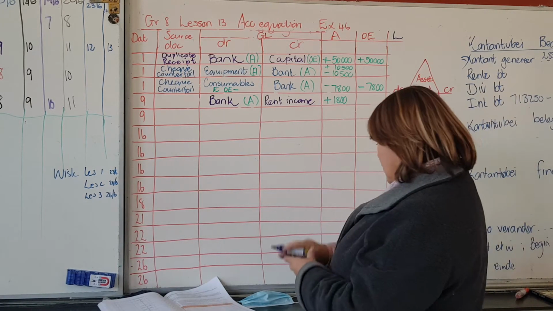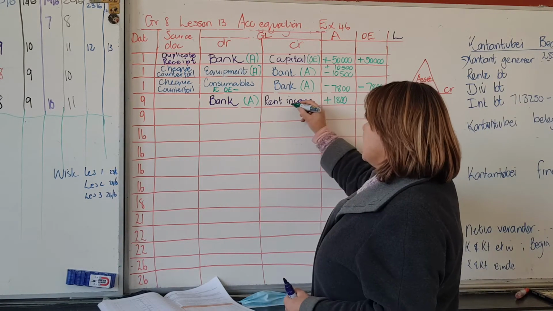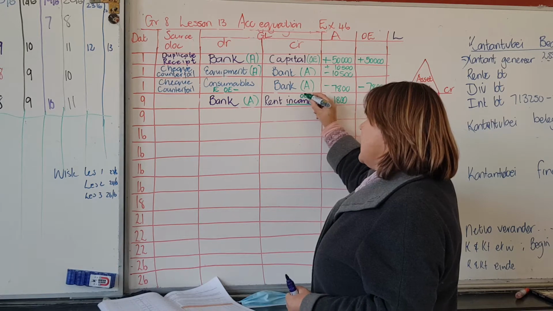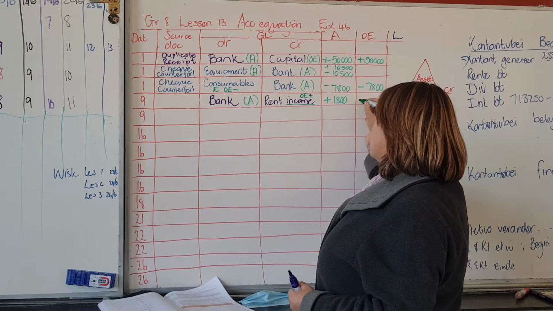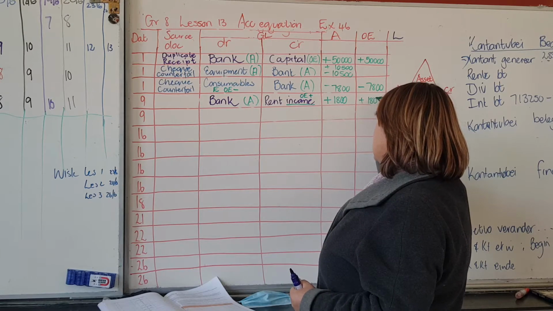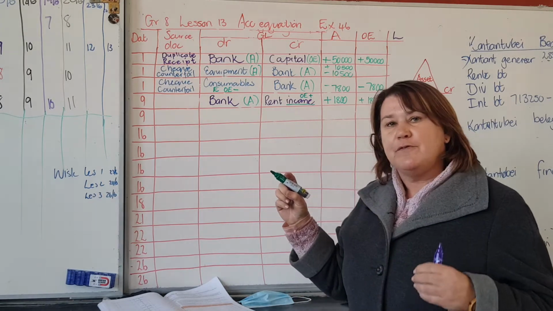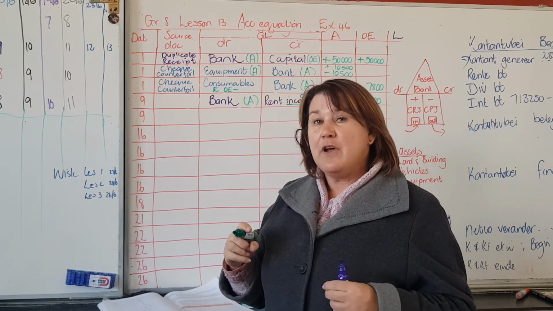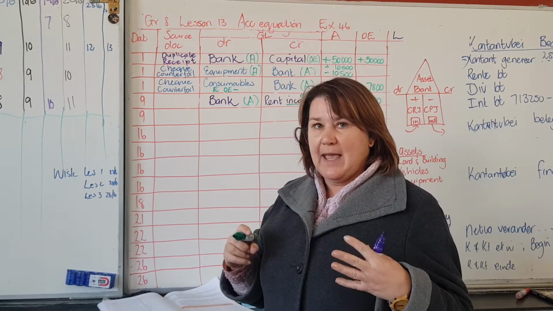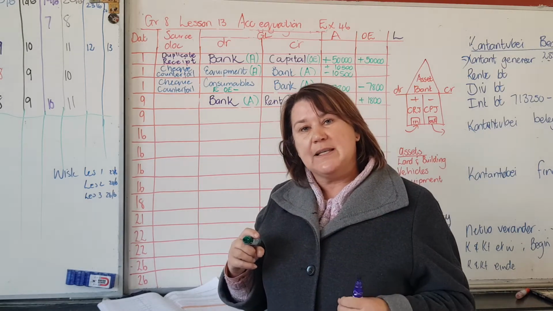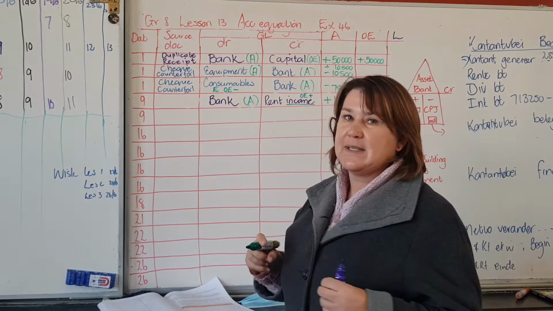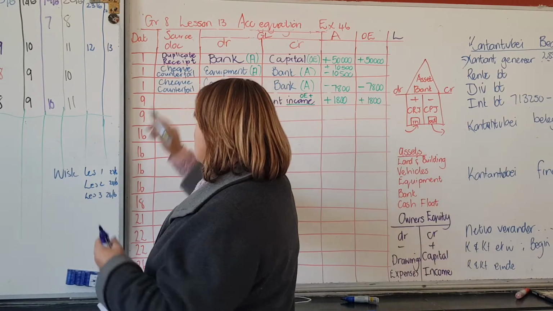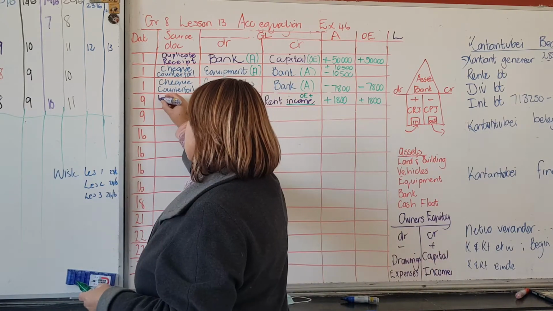What did you give to Mr. Singh, your tenant? You gave a receipt. The original receipt will go to Mr. Singh, and the business will keep the duplicate receipt.